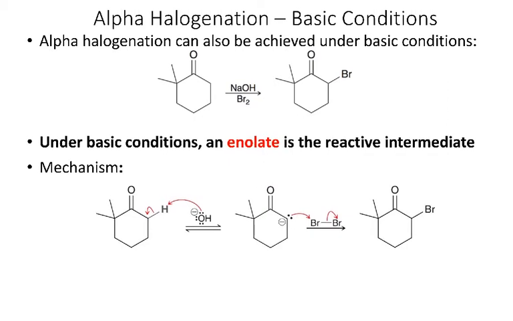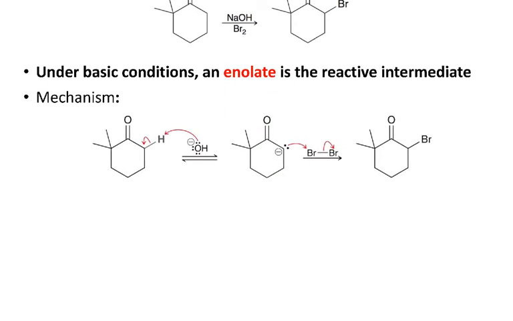And in this picture I stole from the book, they're not drawing it, but we could also show the resonance structure for this other form of the enolate, but probably the reason they didn't is because that's not the resonance structure that's going to be leading to our product. In the second step of the mechanism, the carbanion that was formed, the lone pair, undergoes nucleophilic attack on the Br2 to give us our final product.